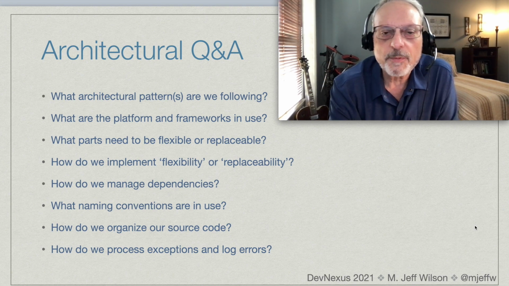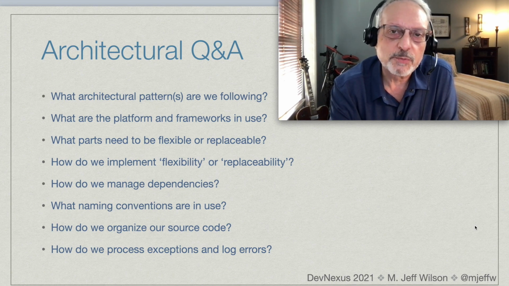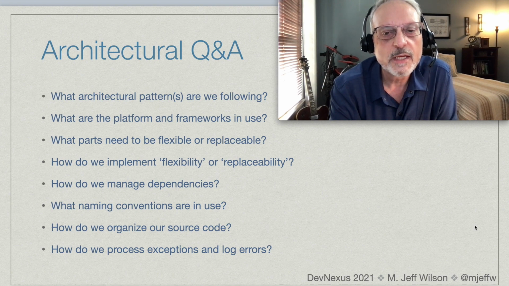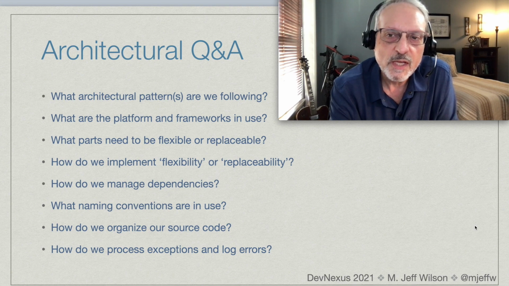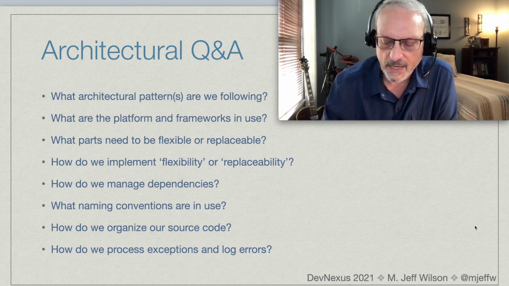What parts of the application do we know need to be replaceable or have multiple implementations? And how do we make sure that we can easily replace those things? You'd probably have to document how you want to manage dependencies, things like naming conventions and coding conventions, how you organize source code into layers or into responsibilities. There's just a lot of stuff.